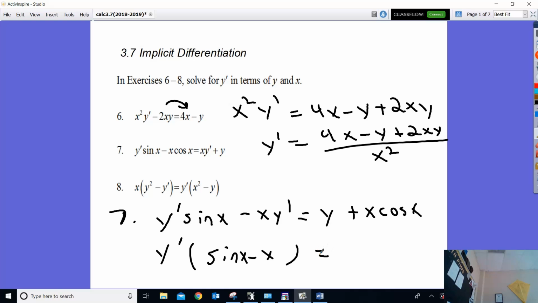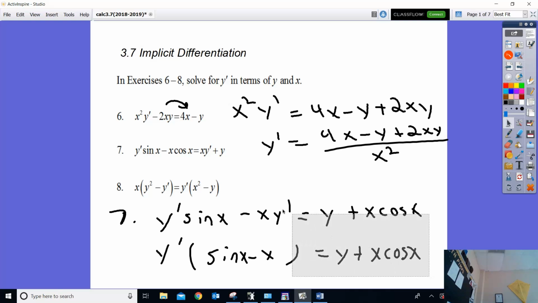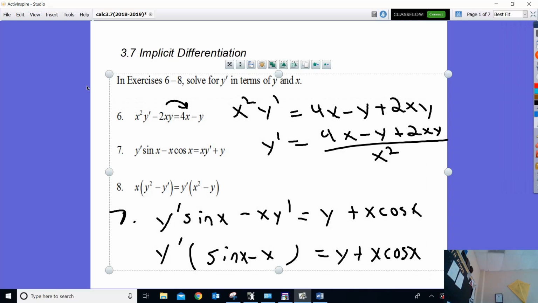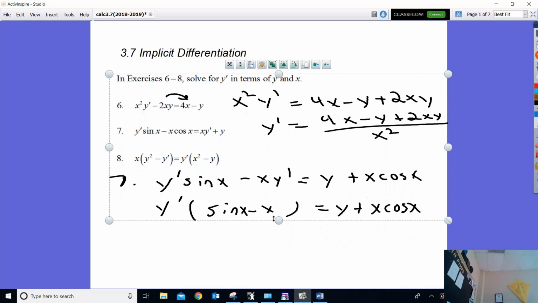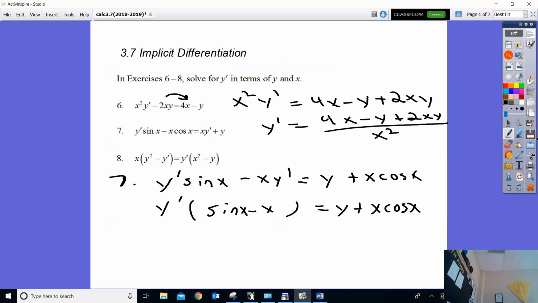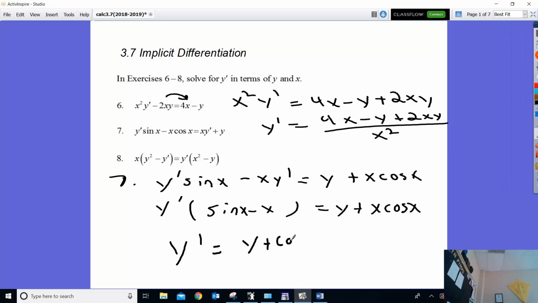That's a good line too. Now you're ready for line 3, the last line. Divide, that's right. So y prime is y plus cosine of x, sitting over sine of x minus x.